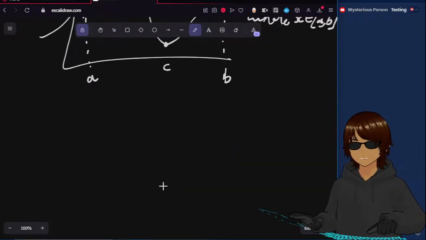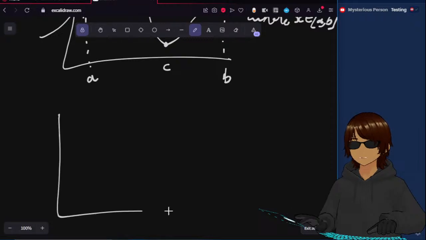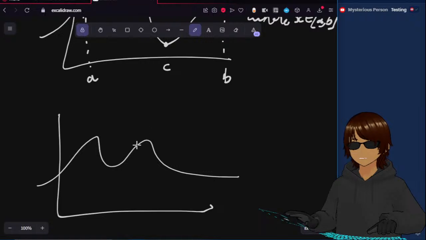Okay, so from what I understand, this is considered a local maxima because you can create an interval around it where this point would be the maximum. This is not considered a local maxima because you cannot create an open interval.